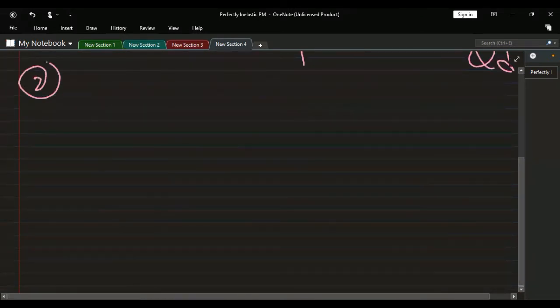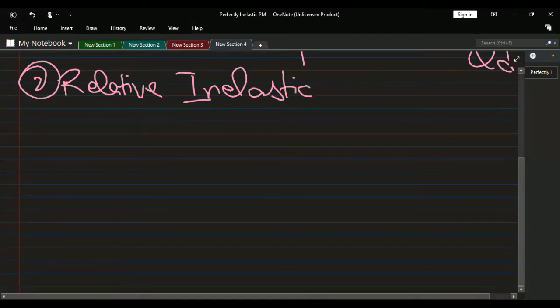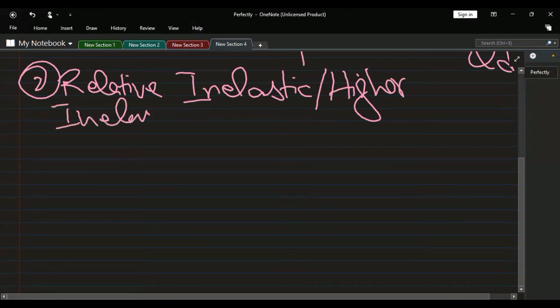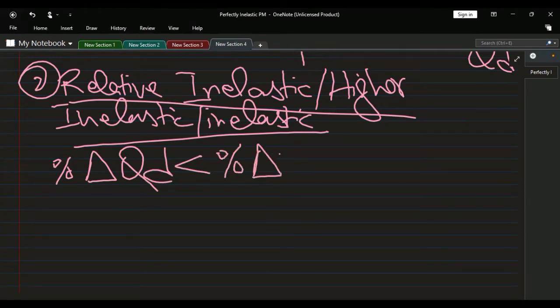Second one is relatively inelastic or higher inelastic or simply inelastic. It is percentage change in quantity demanded is less than the percentage change in price.